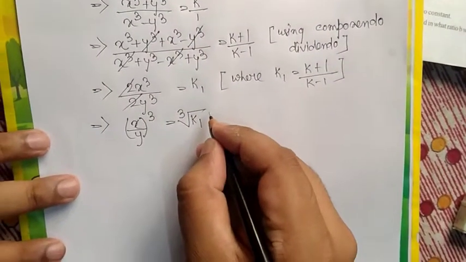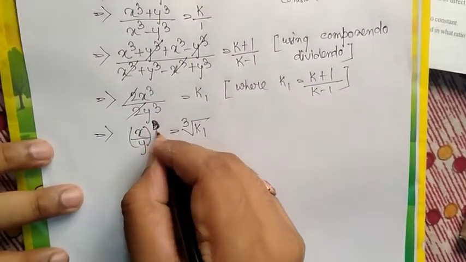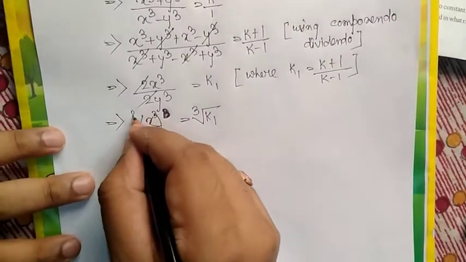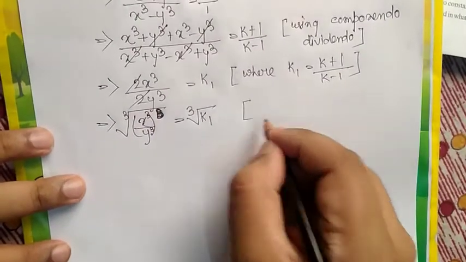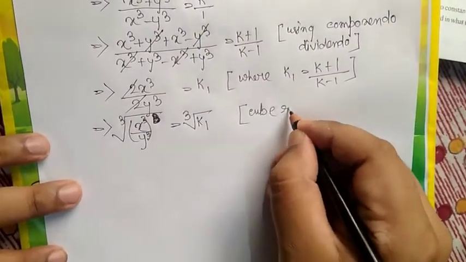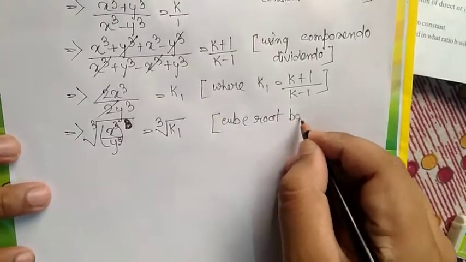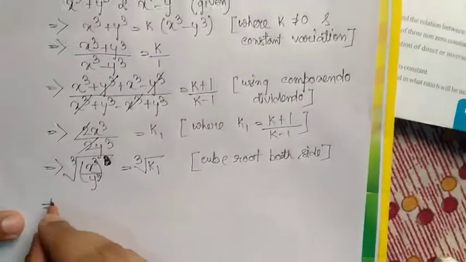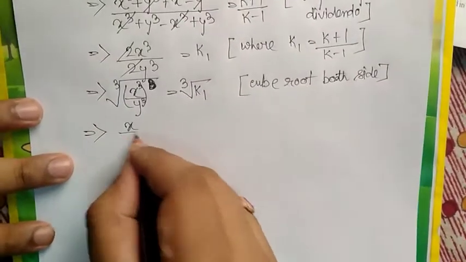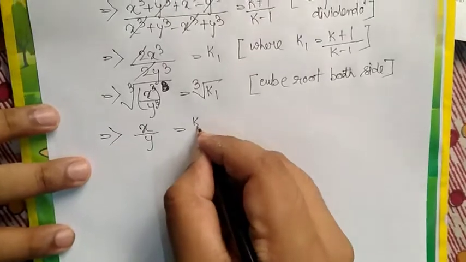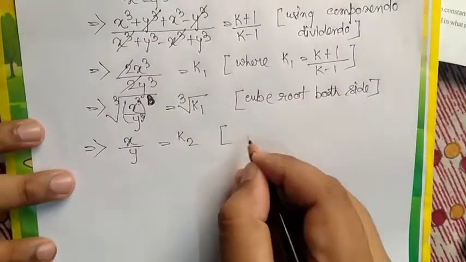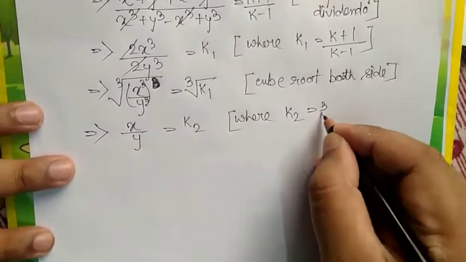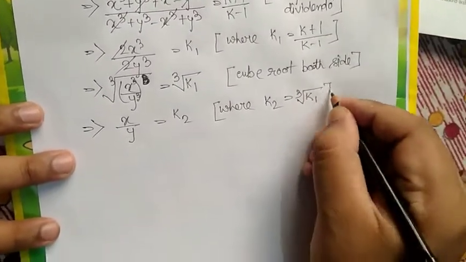Now if we take the cube root on both sides, we get x by y equals k2, where k2 equals the cube root of k1.